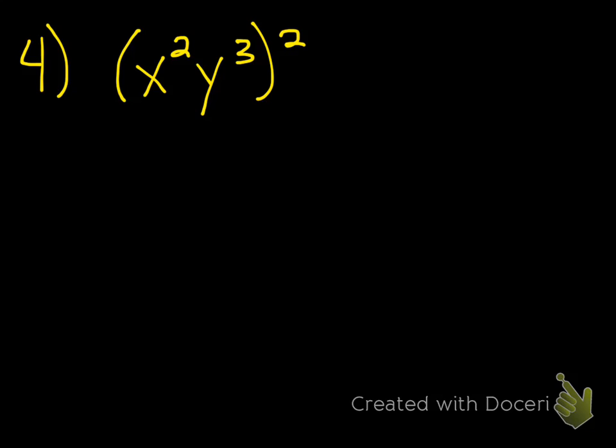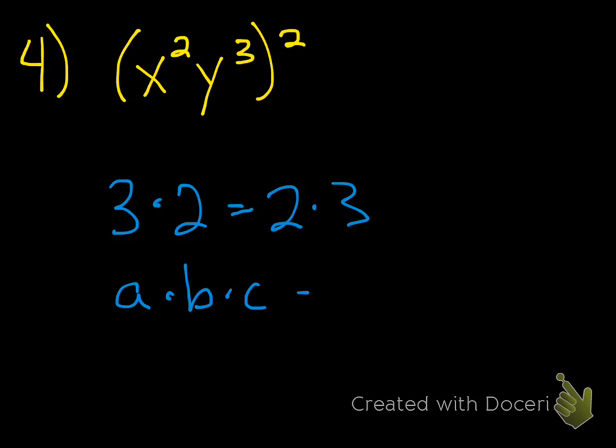Okay, one thing I want to talk about real quick before we start the practice problems is what we're going to be using a lot in this, called the commutative property. We've talked about that, and that basically means that 3 times 2 is the same thing as 2 times 3. You can do them in any order, just like A times B times C is the same thing as C times B times A. When you're multiplying things together, you can switch them around however you want, so just keep that in mind.